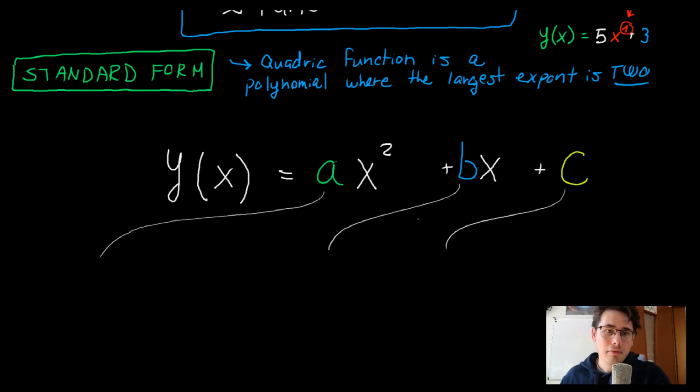The green one is called the quadratic coefficient. The blue one is called a linear coefficient.